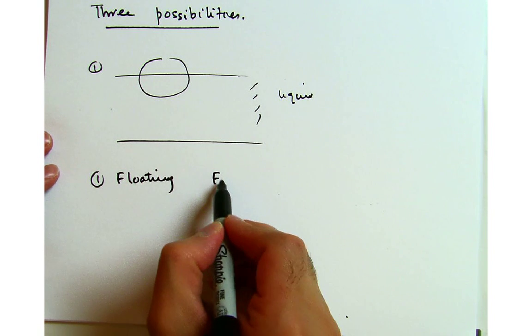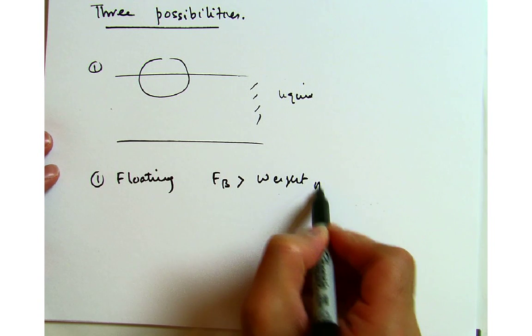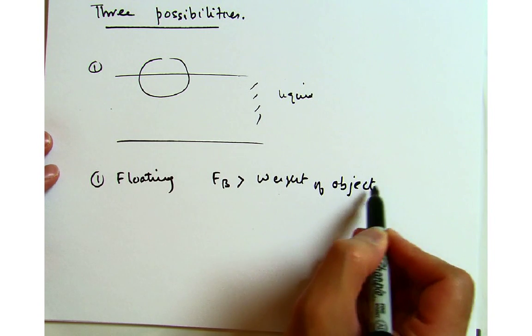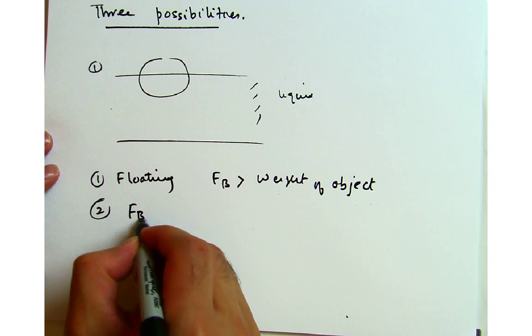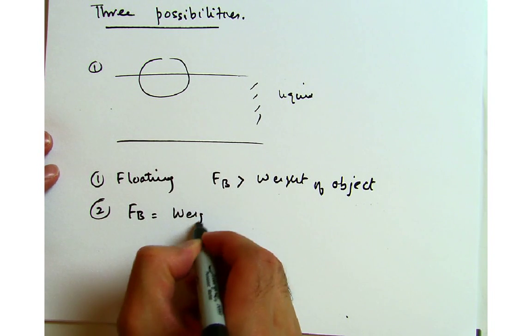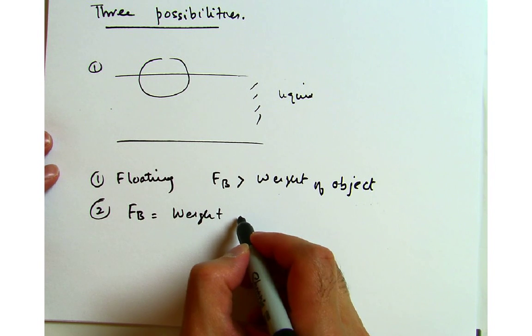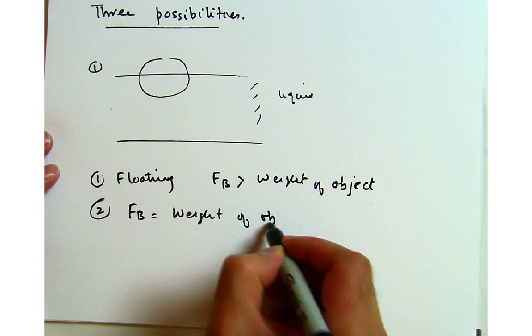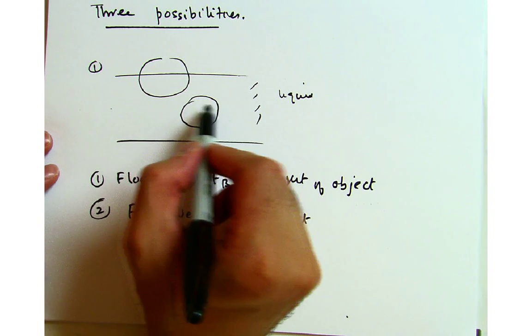That happens when F_B is greater than the weight of the object. Then you have F_B equal to the weight of the object, and that is the case when the object is suspended in the liquid.